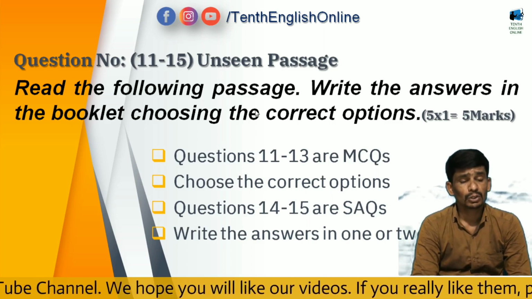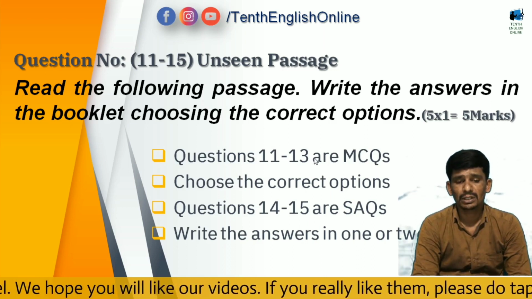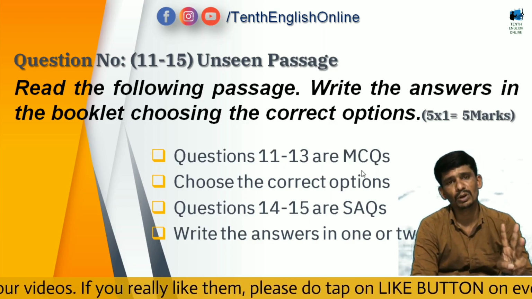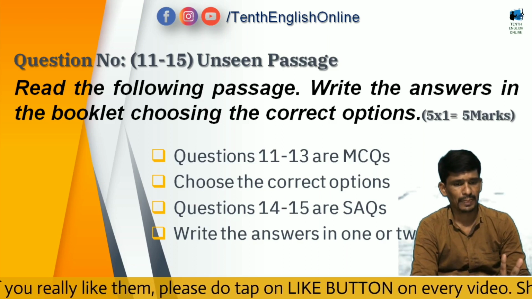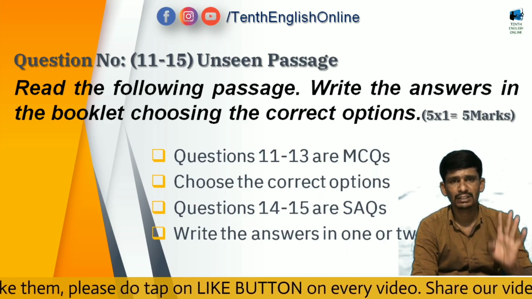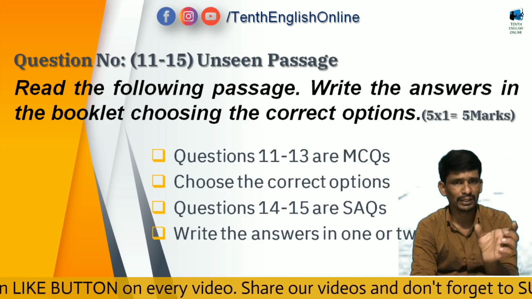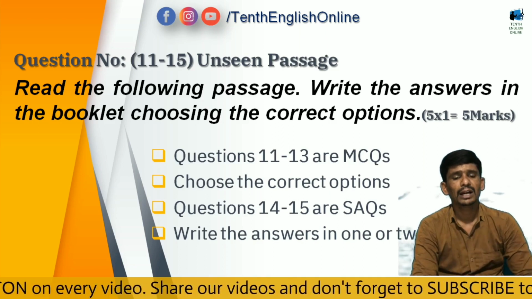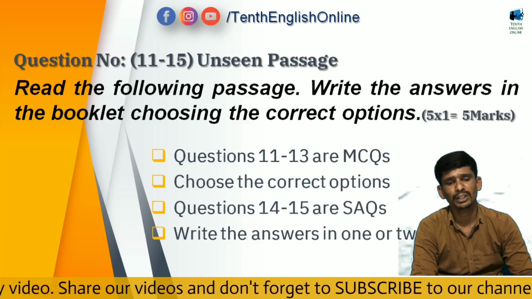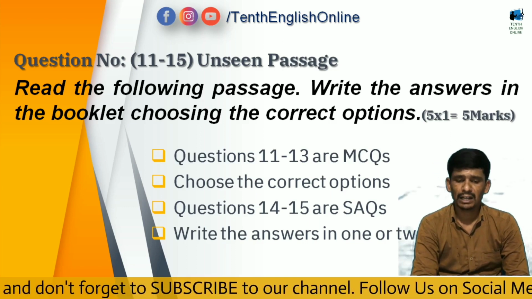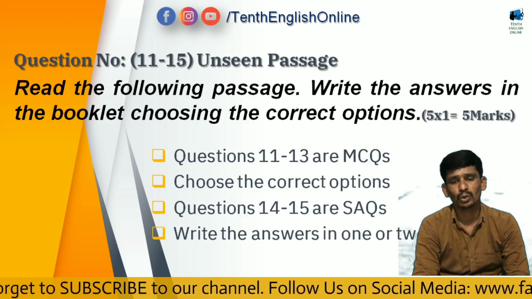Here, questions 11, 12, 13, 3 questions, are MCQs, multiple choice questions, and again each question has 4 options. We have to select any one option and put that letter in the box. The remaining 2 questions, 14 and 15, are SQs, short answer questions, and for that we have to write one or two line answers.